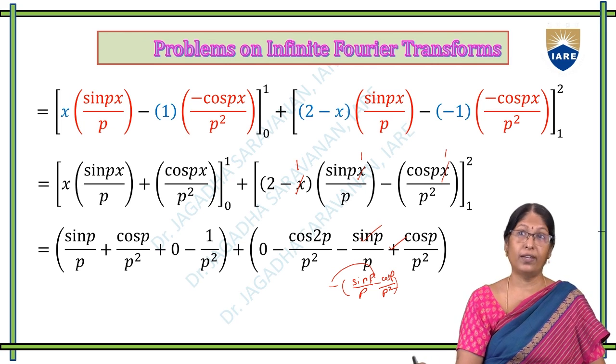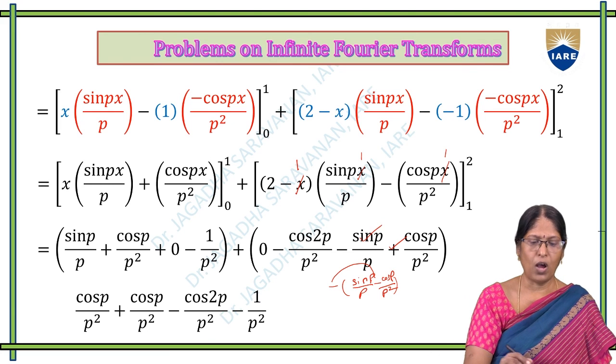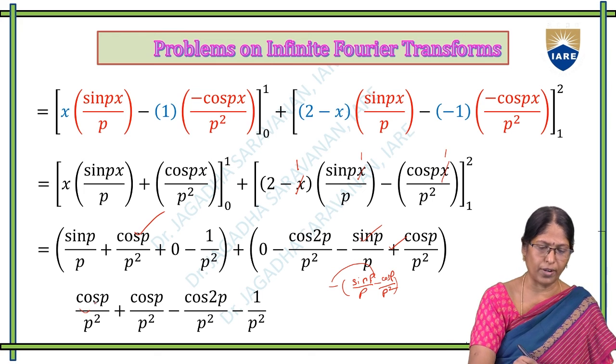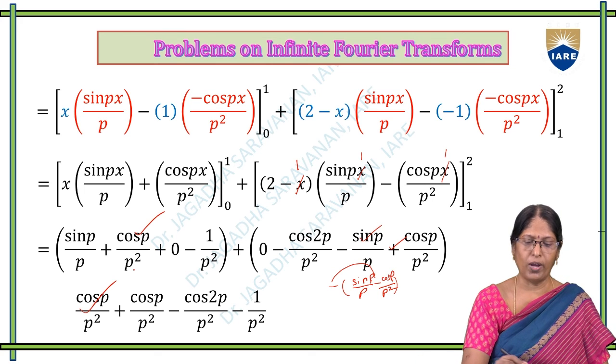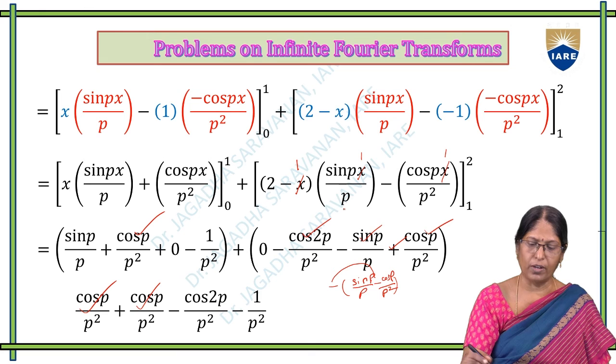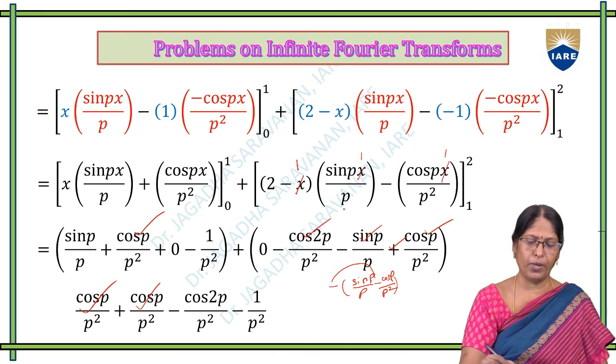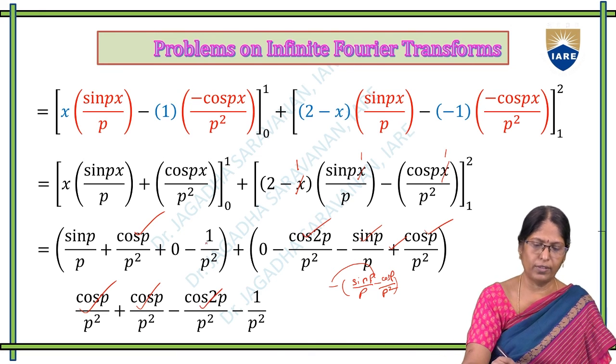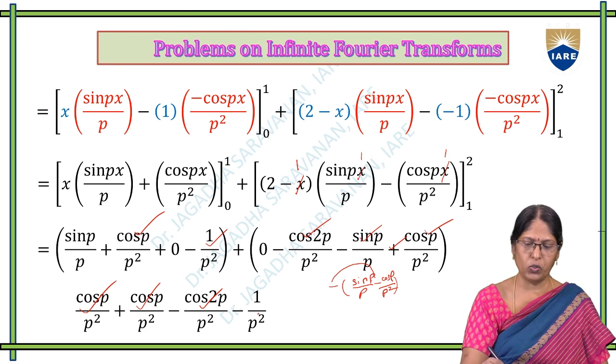The third integral doesn't exist because we know from 2 to infinity, the function is 0. It is given according to our problem condition. Now the simplification: here cos p by p square is written. The next one, this term cos p by p square. This term minus cos 2p by p square. This term minus 1 by p square.